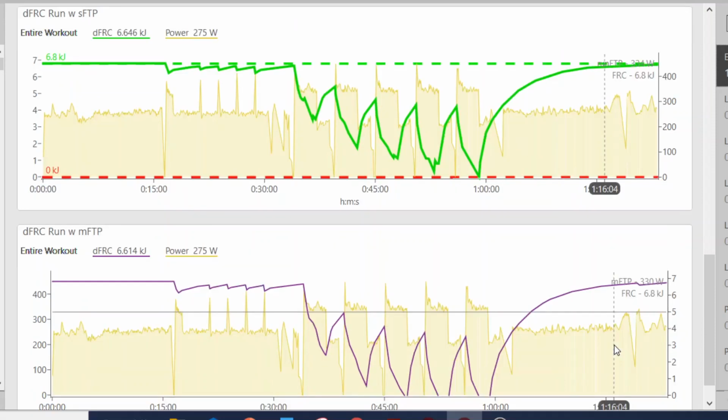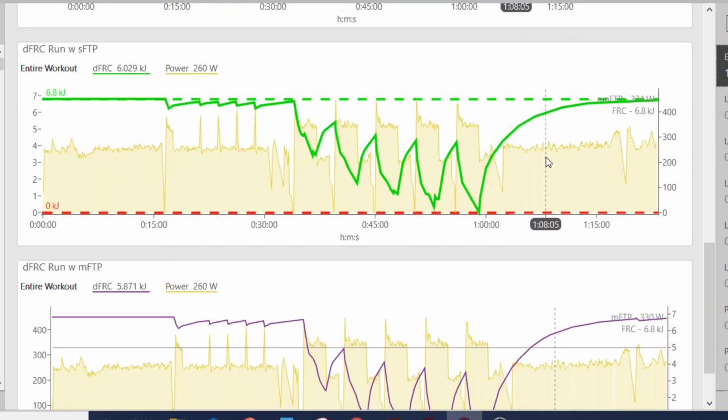This one's based on the model. So you can see this one hits 0.03 kilojoules in that fifth interval. So I think this is better by using set FTP. I still use FRC, assuming that I have an optimized left-hand side of the power duration curve.